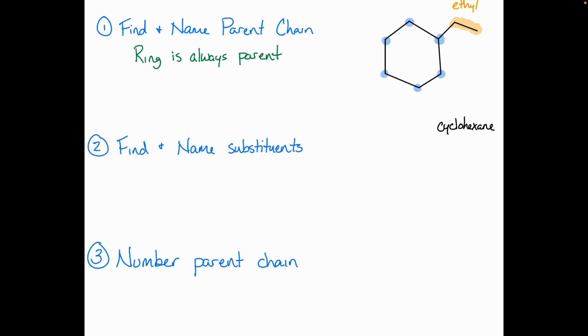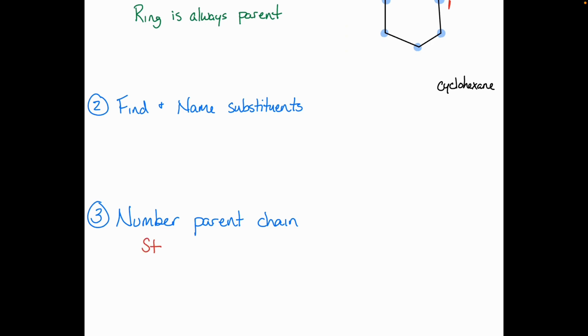So what you do is you always start with carbon 1 at the substituent. Wherever that substituent is located, that becomes carbon 1.